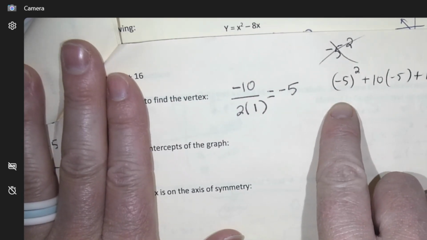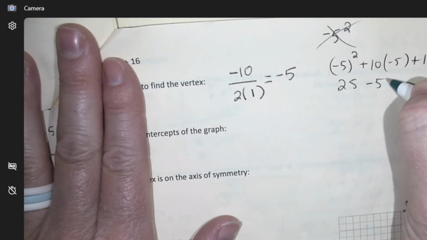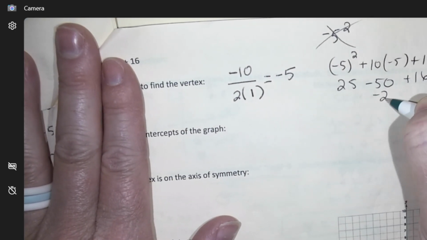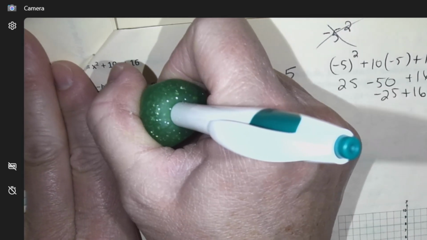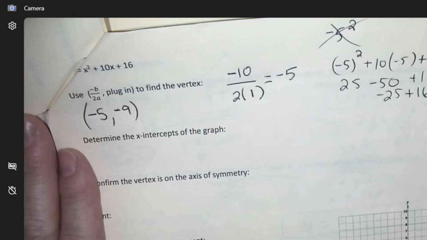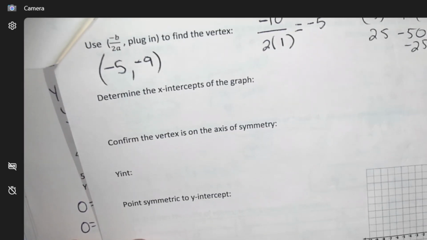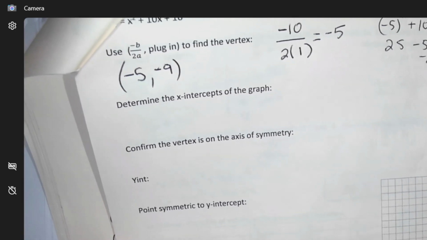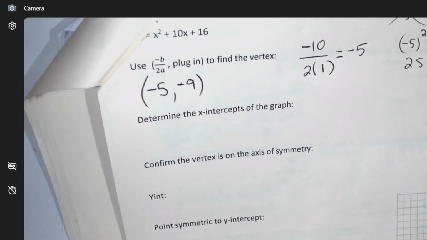Negative 5 has to get squared. If you are typing with your calculator, make sure those brackets are your friends. Brackets are friends on your calculator.